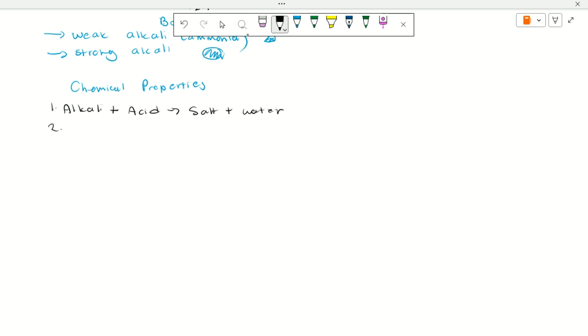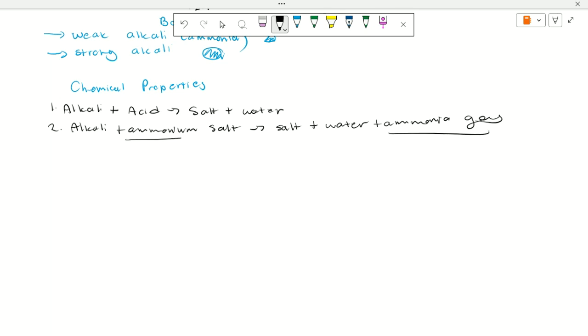Second, alkali plus ammonium salt equal to salt plus water plus ammonia gas. Just have to remember because it's ammonium, it's going to be ammonia gas.